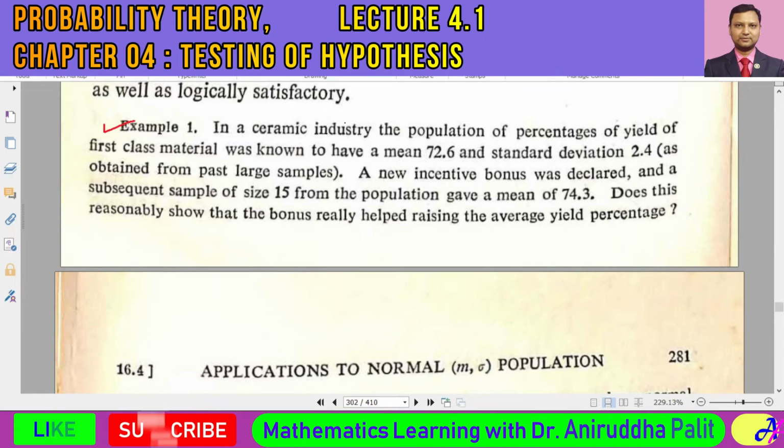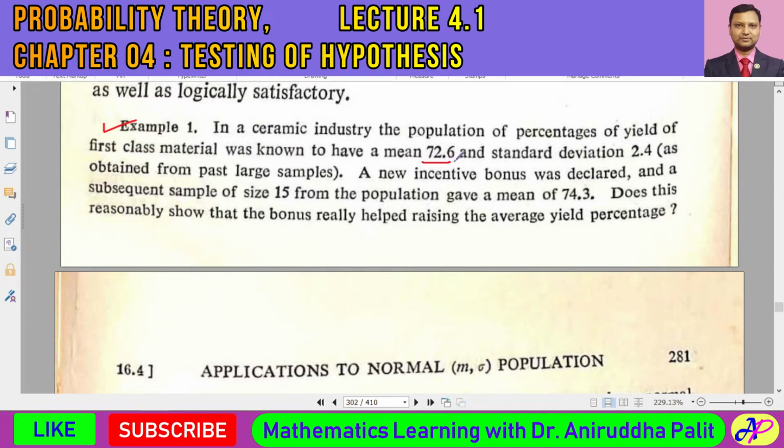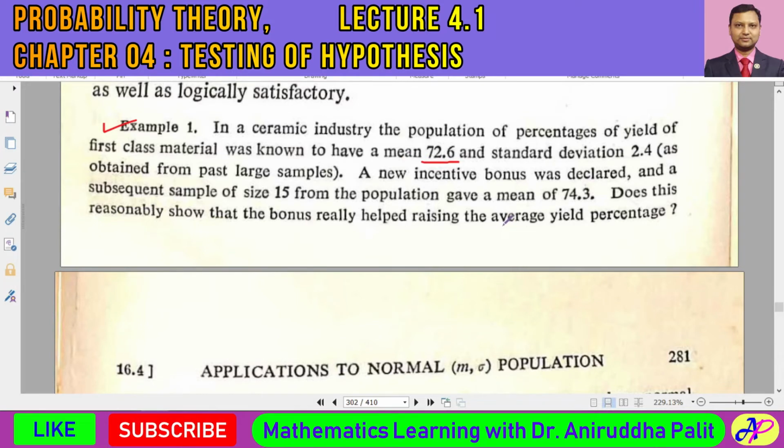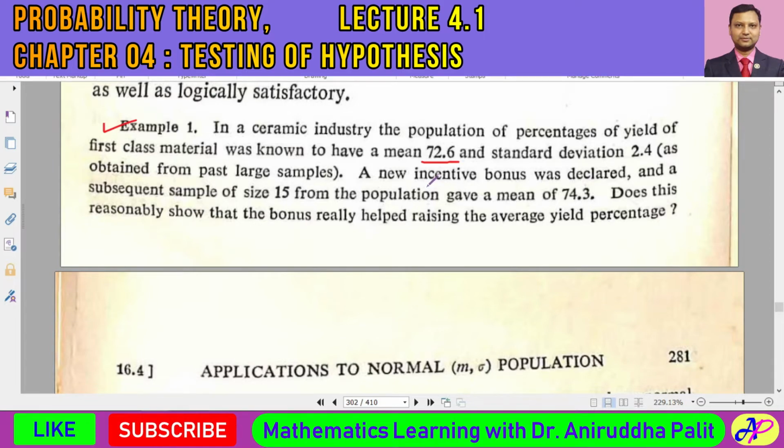It says that in a ceramic industry, the population percentage of yield of first class material was known to have a mean 72.5. In a certain ceramic industry, they are producing different ceramic items, and the population percentage of first class material, how many such first class materials are produced throughout the entire production process.